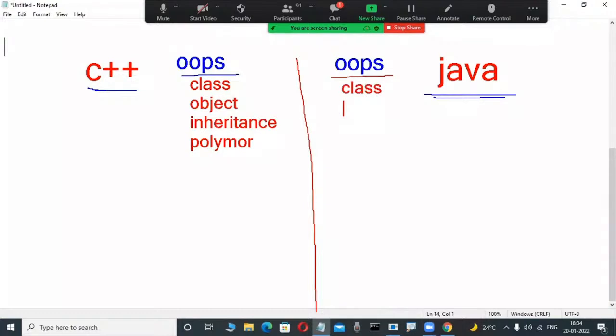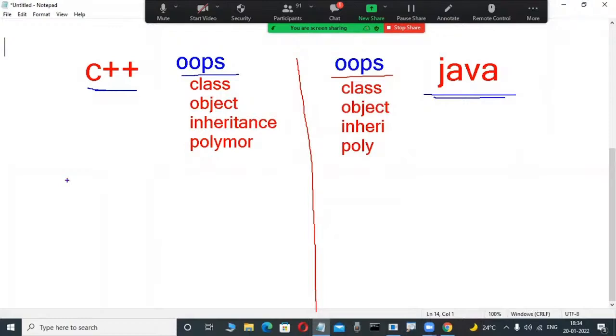What is object? What is inheritance? What is polymorphism? So many concepts are there. That's why conceptually class, object, inheritance, polymorphism are the same in C++ and Java. Also encapsulation, binding. But observe here.